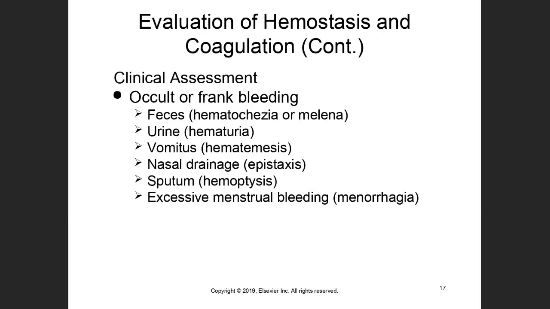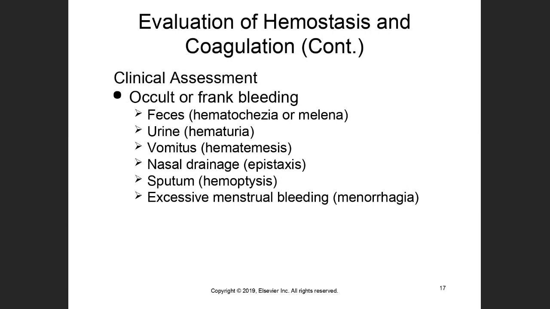Clinical assessment: occult or frank bleeding, okay? Frank bleeding is actual bleeding where you see the blood, okay? Occult blood could be in the feces, it is the most common one, and sometimes it is related with cancer, okay, colon cancer.